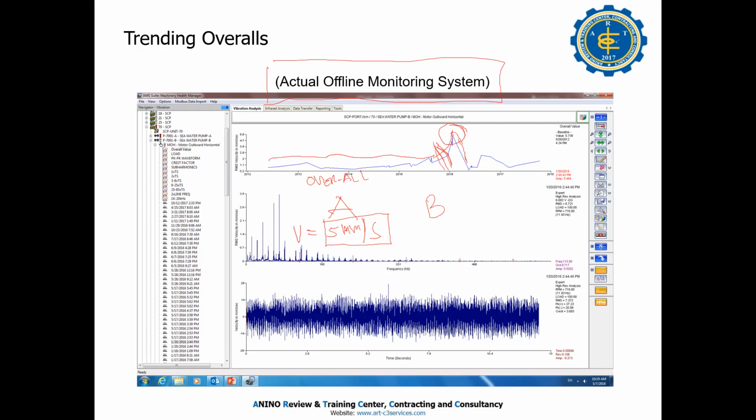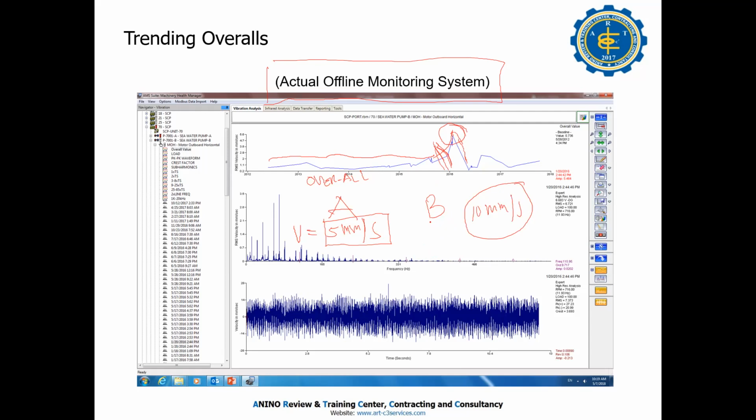Now, what happened in B when somebody took the reading? It becomes 10 mm per second. Very high, right? So what happened with the technique?